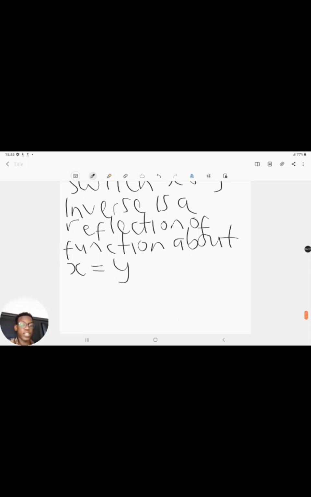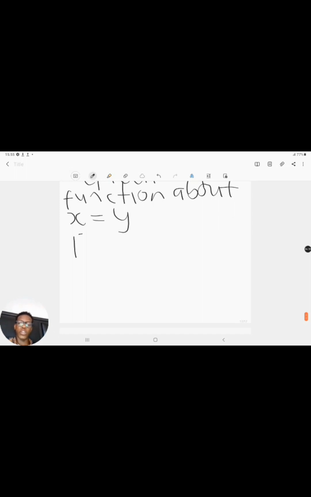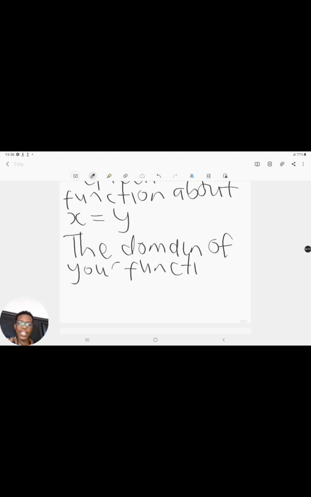Okay, now this is another important aspect that I want you to take note of. The domain of your function becomes the range of your inverse function.